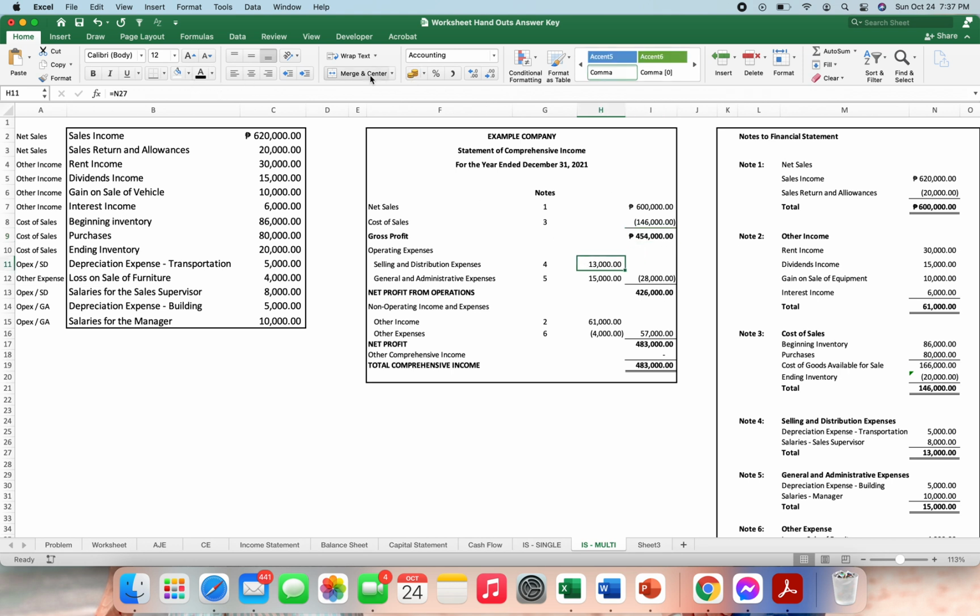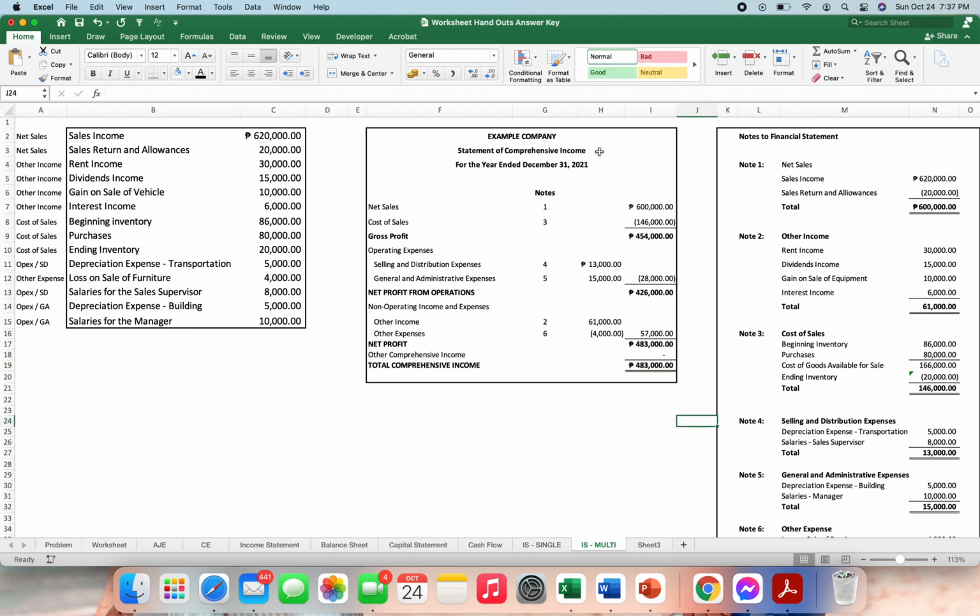Like this one, the peso sign is there. Since it is a single column, the peso sign here represents up to the end. Here also, since there is a boundary line, we put the peso sign again. Okay? So, every time there is a boundary line, we put a peso sign. But when there is no boundary line, one peso sign can represent all the columns. Okay? So, that would be the format.